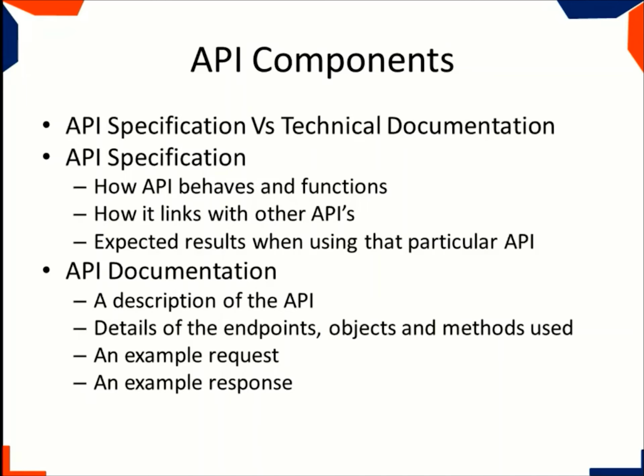Now, that's what we will be understanding about the components. There are two different sections we need to focus on whenever we are working on APIs. One is the specifications and the different documentations that are available. We need to understand those. A lot of things might be common in documentation, but there are some specifications we need to be really clear on.